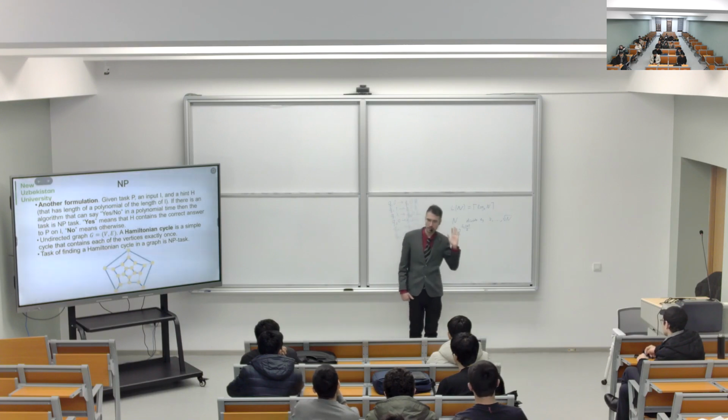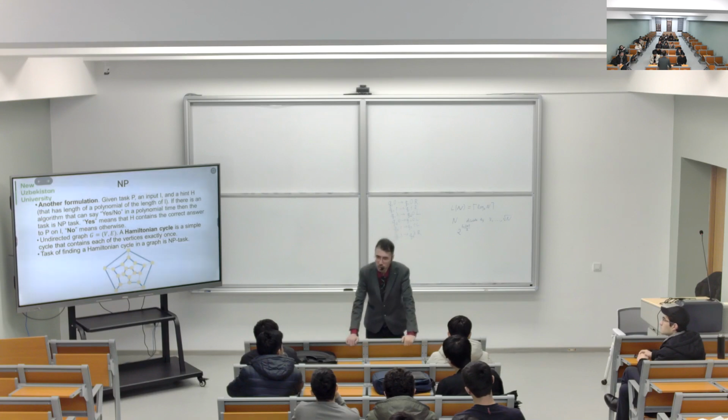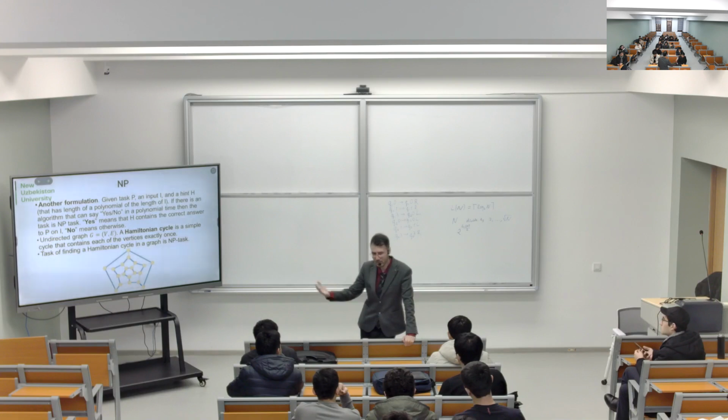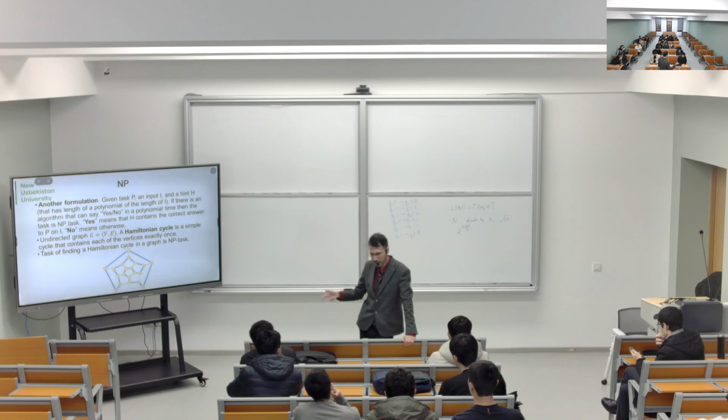Can we check then if it is prime or not? Yes. The smallest divisor greater than 1 can be n itself. Then it is prime. So if we have two same numbers, then it is prime. If we have this number and the hint is some number less than n, then it is not prime, yes? So checking is very easy. Given the hint, we can solve this problem quickly. So it is a non-deterministic polynomial task.